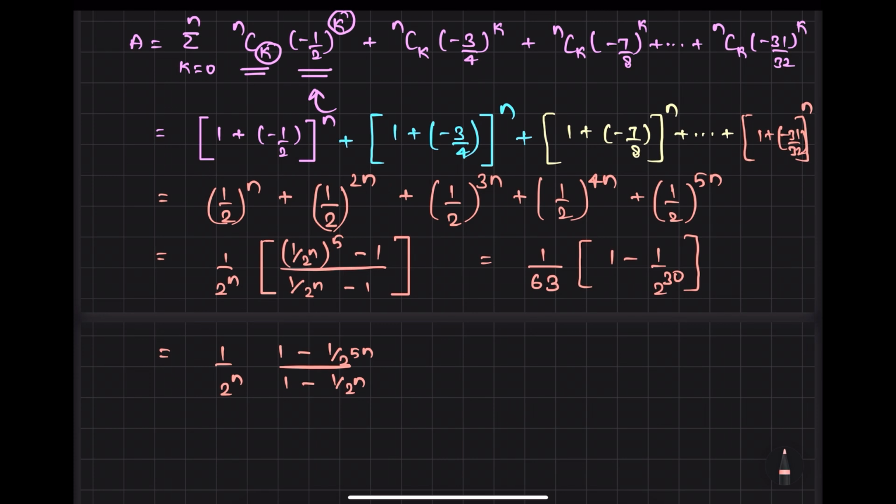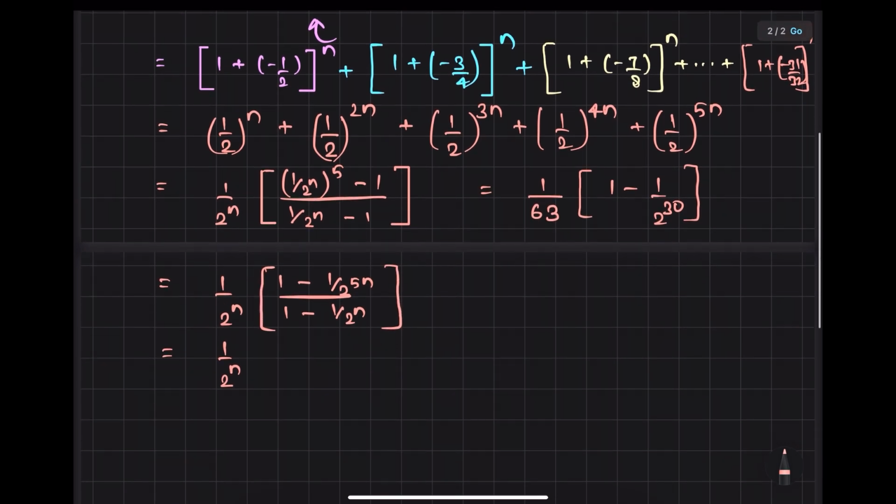Okay, now let's simplify this thing. Can I write this thing as 1 by 2 power n? Just simplify. It's a simple simplification. 1 minus 1 by 2 power 5n upon 2 power n minus 1, and then divided by 2 power n. Correct or wrong? I have taken LCM from the denominator. So this thing is gone.